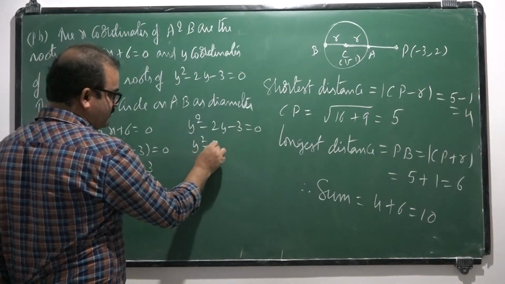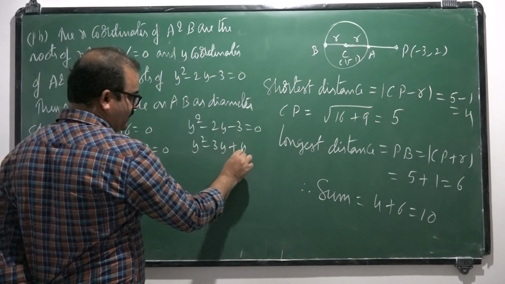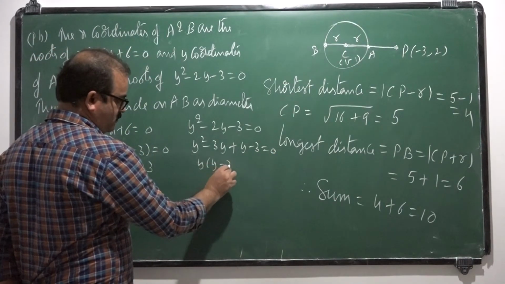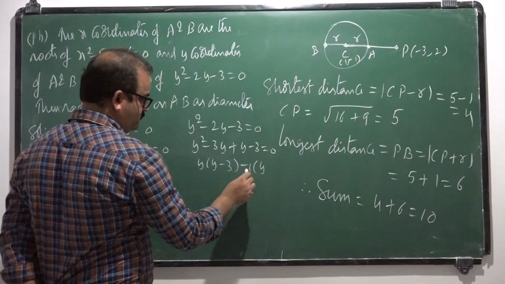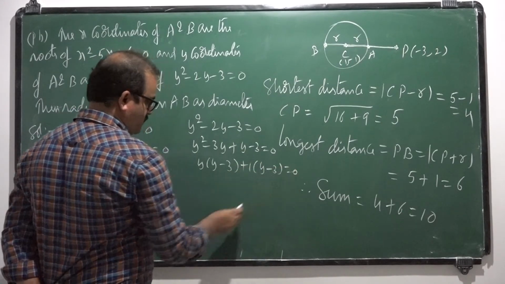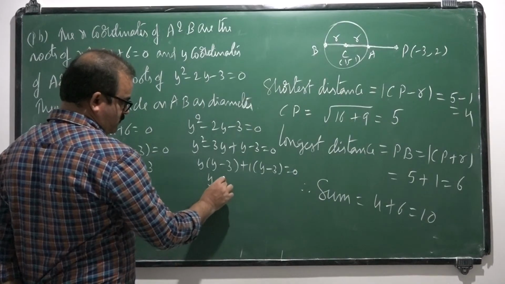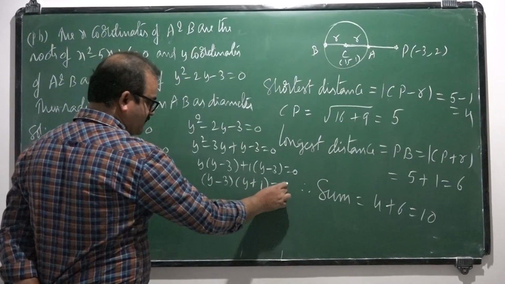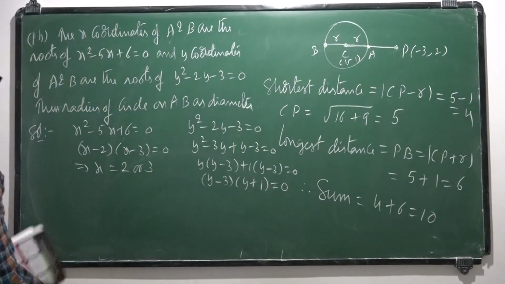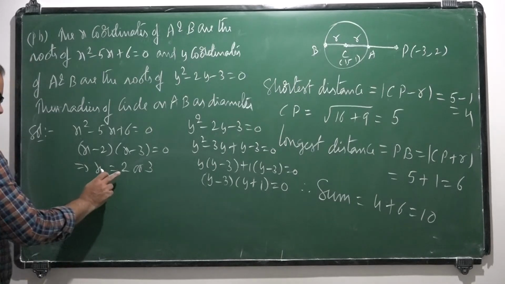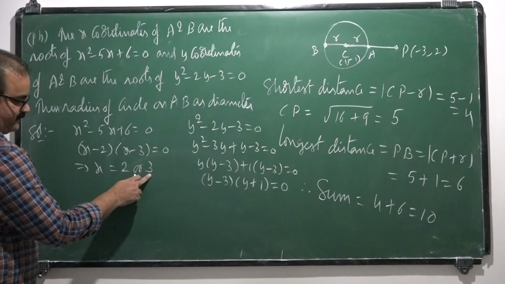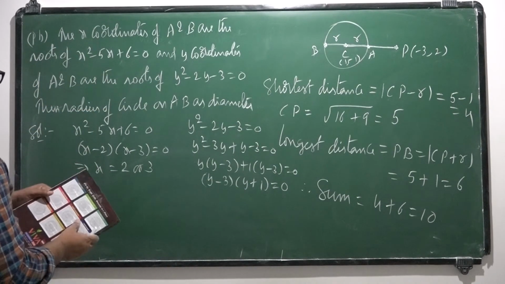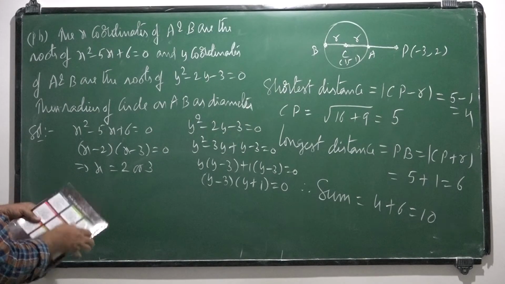So it is y square minus 3y plus y. (y minus 3) into (y plus 1) is equal to 0. Here x coordinates are 2, 3. Y coordinates are 3, minus 1. Find the radius of the circle on AB as diameter.